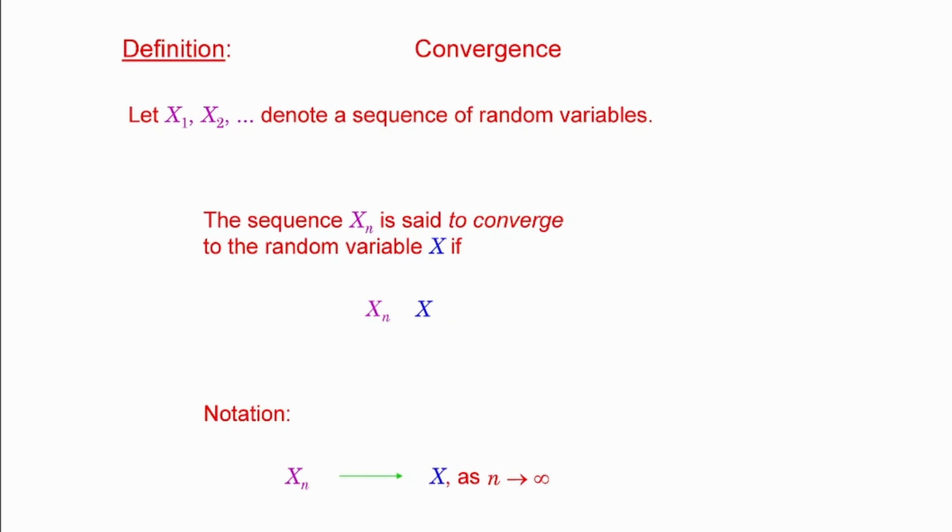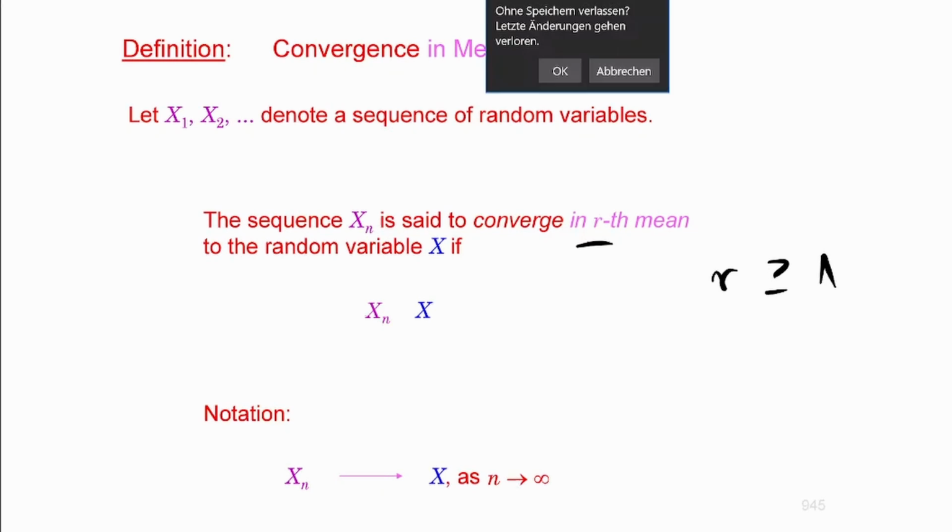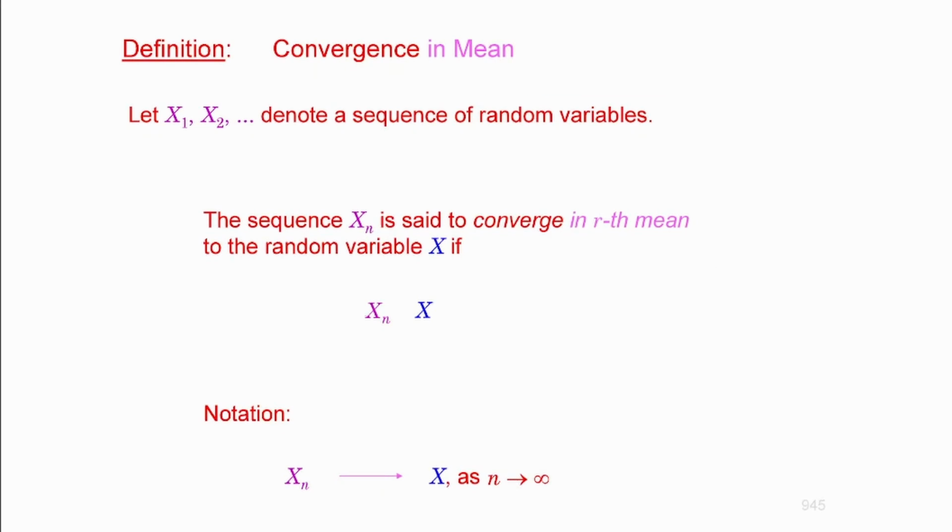All right. The last thing that I'm going to look at is convergence in mean. If you have convergence in mean, in particular convergence in rth mean, and r is a value which is at least 1. It could be 2, 3, 4, 5, but not just integers. It can also be something else, but in practice, you only consider the first, the second, the third moment, and so on.